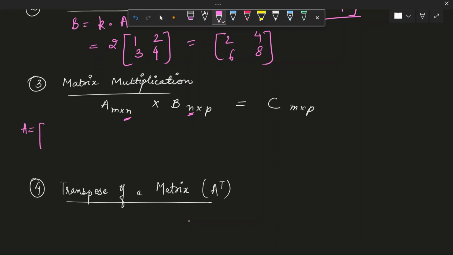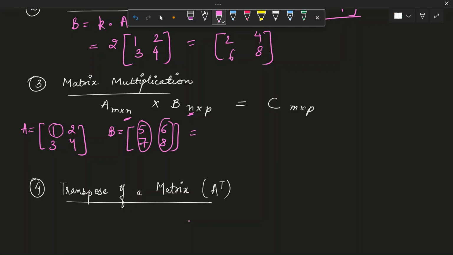Now, let's say we have two matrices 1, 2, 3, 4 and 5, 6, 7, 8. So how is matrix multiplication performed? This element is firstly multiplied with these and then this. Now let's understand what actually is happening here.